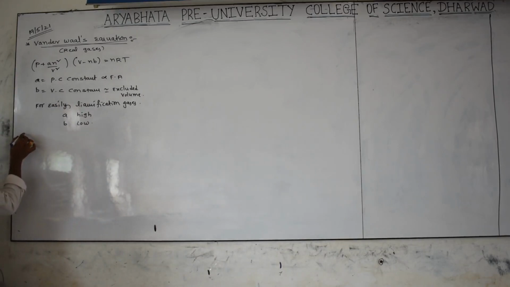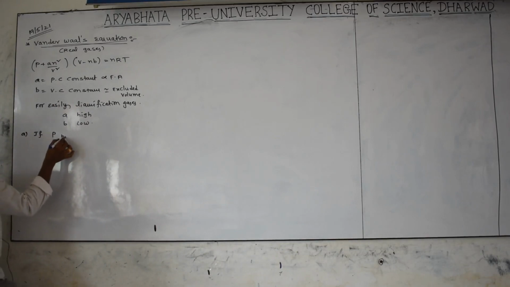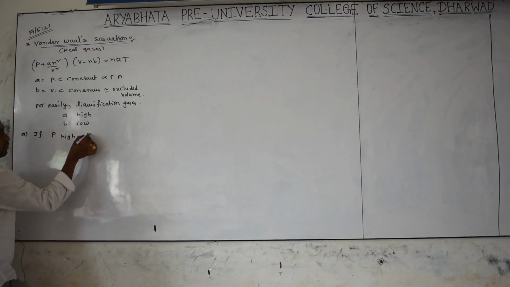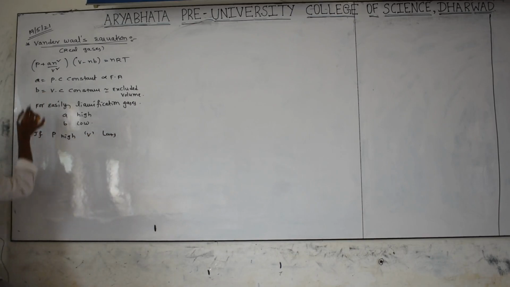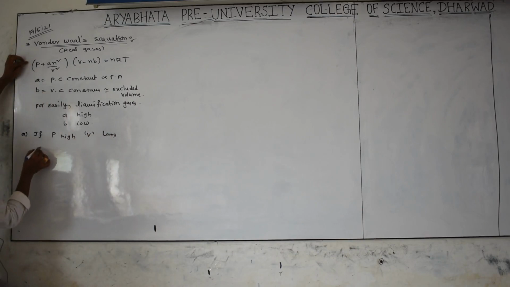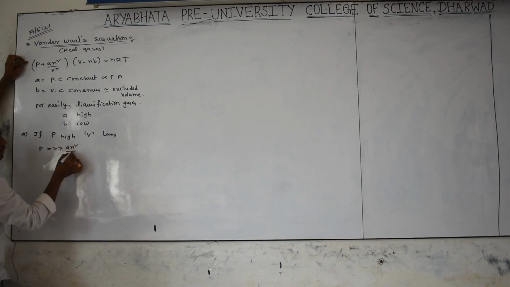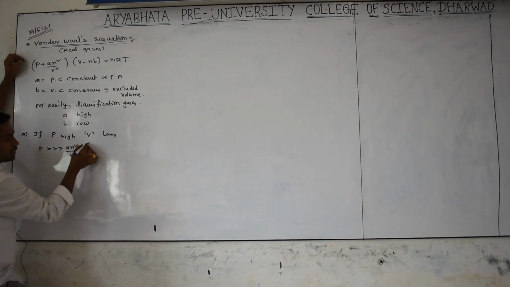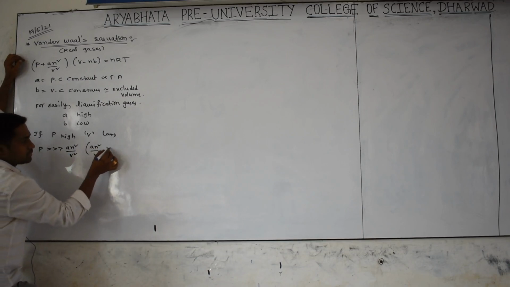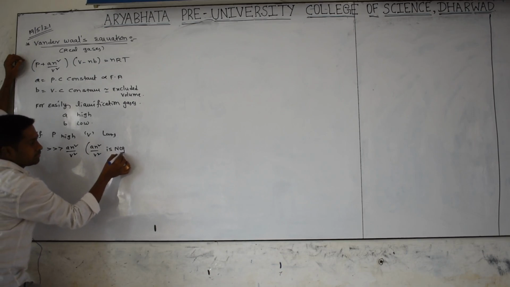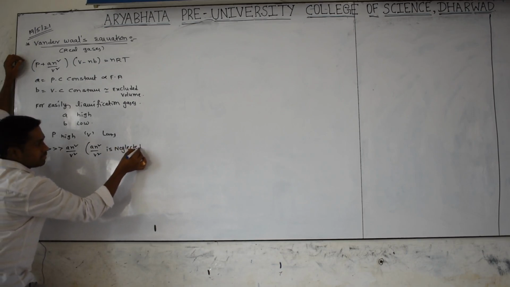Under the first case, I am explaining: if pressure is high, volume is less. Volume less means in the real gas equation P is greater than an²/V². So what can be done? The term an²/V² is neglected from that equation.